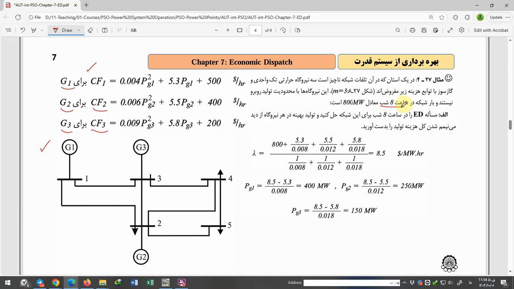At 8 p.m. the total demand is 800 megawatt.